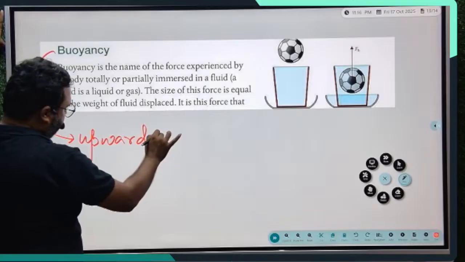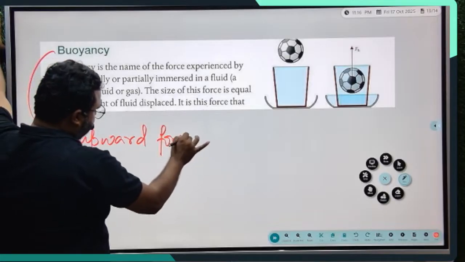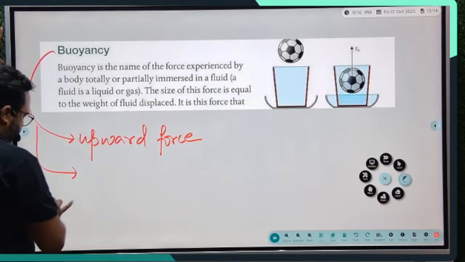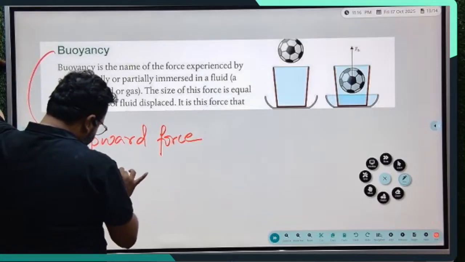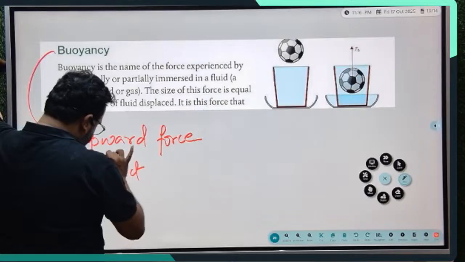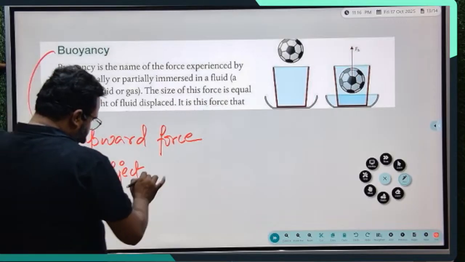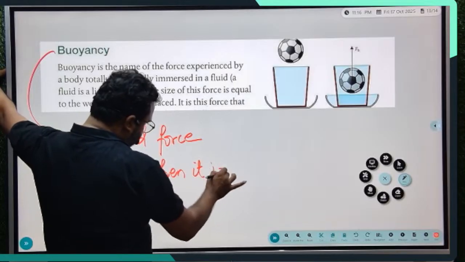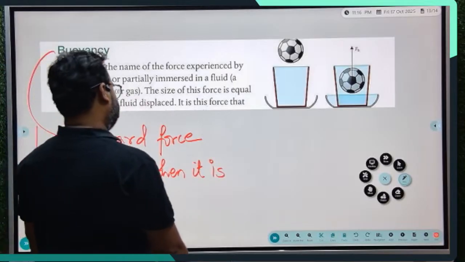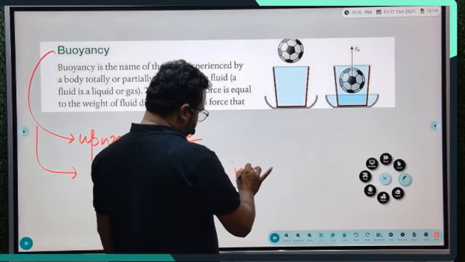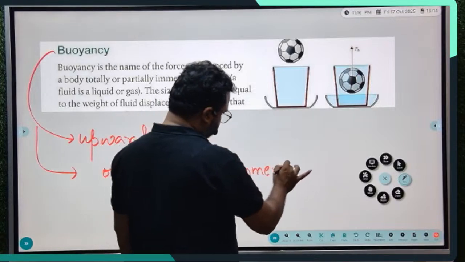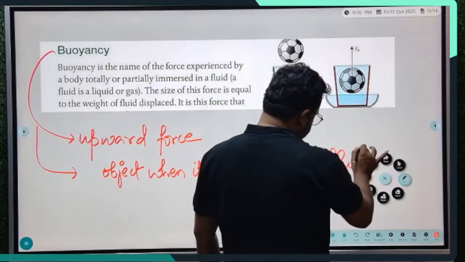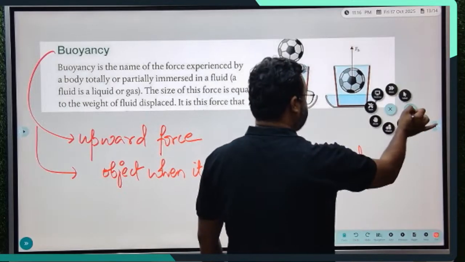It acts on an object when the object is immersed in water, in a fluid. When the object is immersed in a fluid, it is called buoyancy.